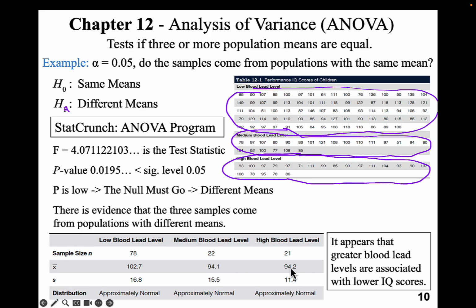And then 94.2, those two are pretty close. Actually, this one was higher than this one here. Standard deviation also needs to be considered: 16.8, 15.5, 11.4. It appears that greater blood lead levels are associated with lower IQ scores.